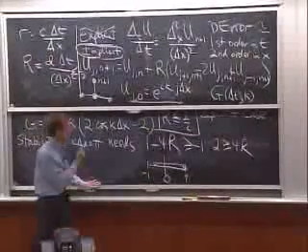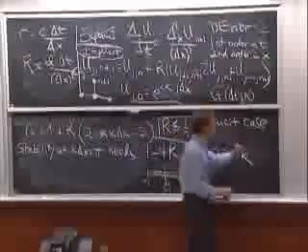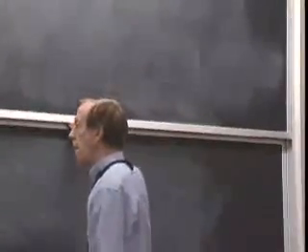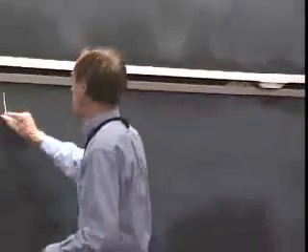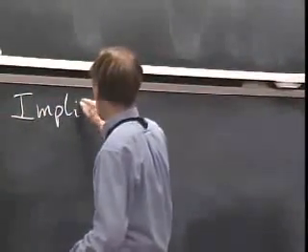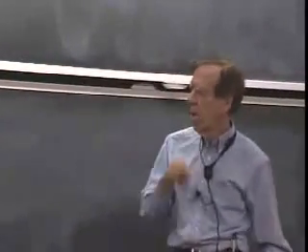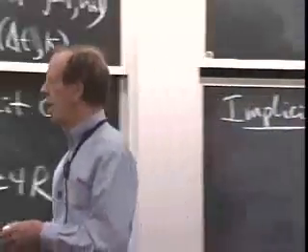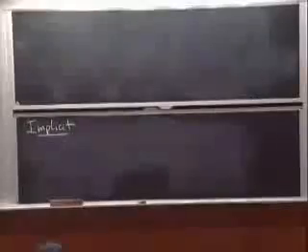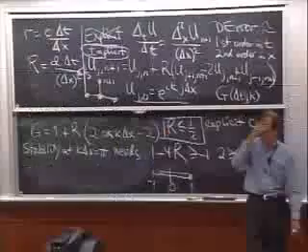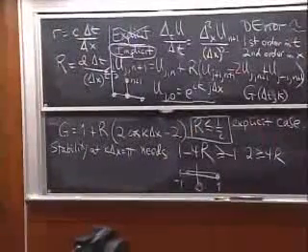Now, the implicit case. What happened to G? Let me put it here. Implicit. Okay. So, what's changed? This term, which came from the second difference, is moved over to the n plus 1 side of the equation.